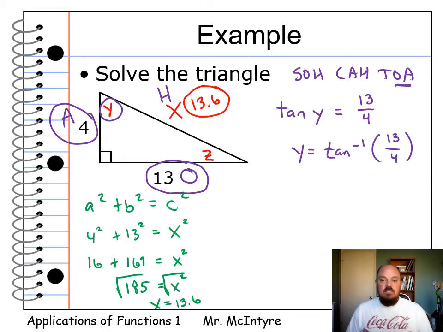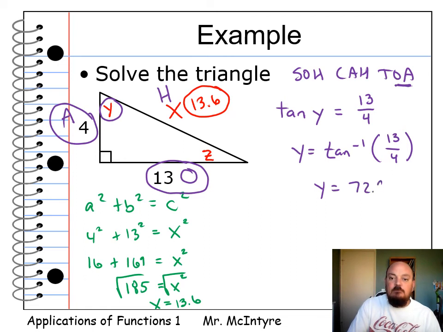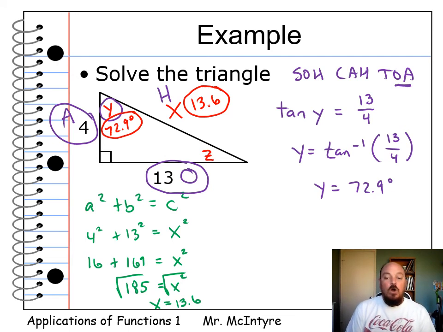You're still using that same number. You're still using that 13 over 4. But you're going to do an inverse tangent to figure out what it equals. Now I'm going to pause the video and use my calculator again. And it comes out to about 72.9. And that is the second part of your answer, 72.9 degrees.